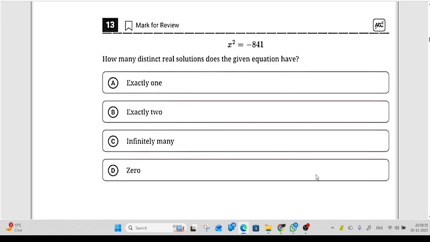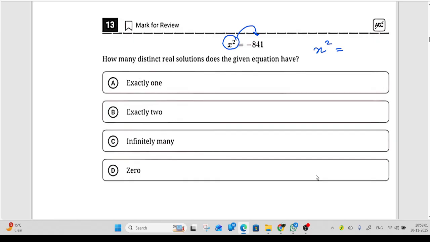This equation asks for a number x whose square is a negative number. So the square of a number is negative. For any real number, let's say x is a real number, its square is always non-negative, greater than or equal to 0. This is the property of real numbers.